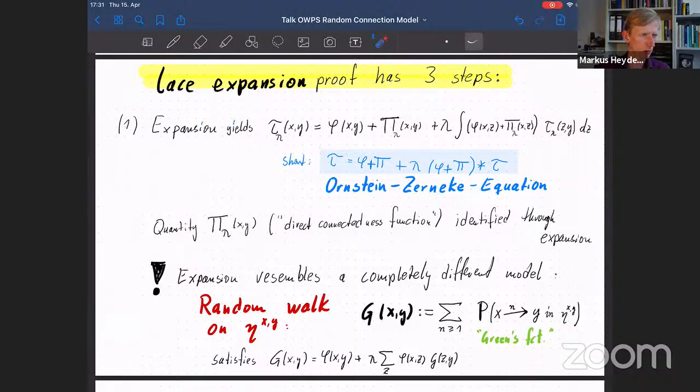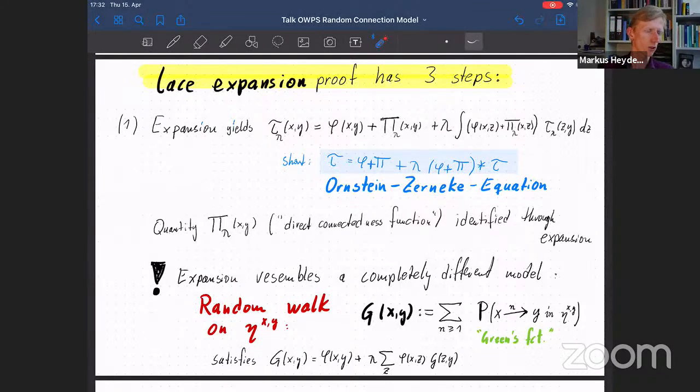Yeah, maybe before I say what the steps are. One question that often appears is, why is it called lace expansion, and where are the laces? And the answer is they will not come, because this lace expansion for percolation has its root in a lace expansion for a different model that was devised by Spencer and Bridges in 1985, and there they use a class of graphs which they call laces, but for percolation these graphs have no use, and there's an inclusion-exclusion expansion.